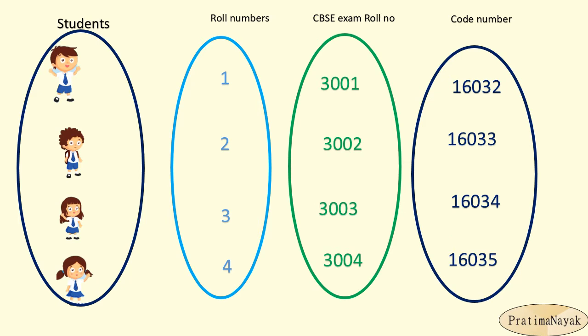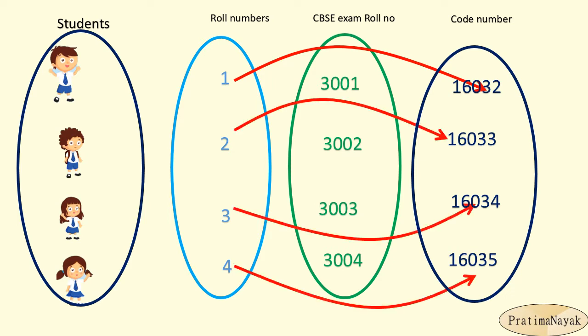Next, we can think of many functions now: from the set of roll numbers to code numbers, from the set of students to code numbers, from roll number to CBSE number, students to exam roll number. So this is called composition of functions.